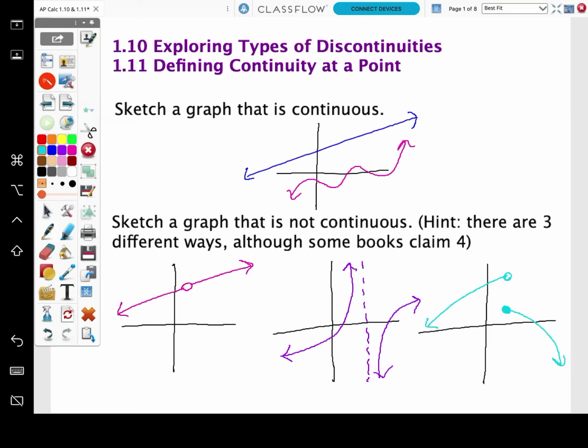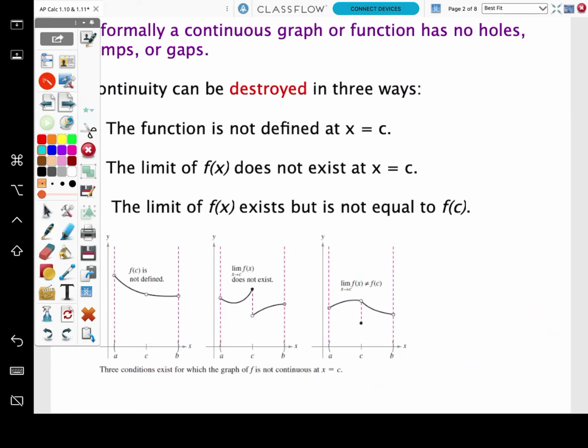So the 3 types of not continuous or discontinuous things are holes here in pink, asymptotes here in purple, and jumps. These are called jump discontinuities in that turquoisey color.